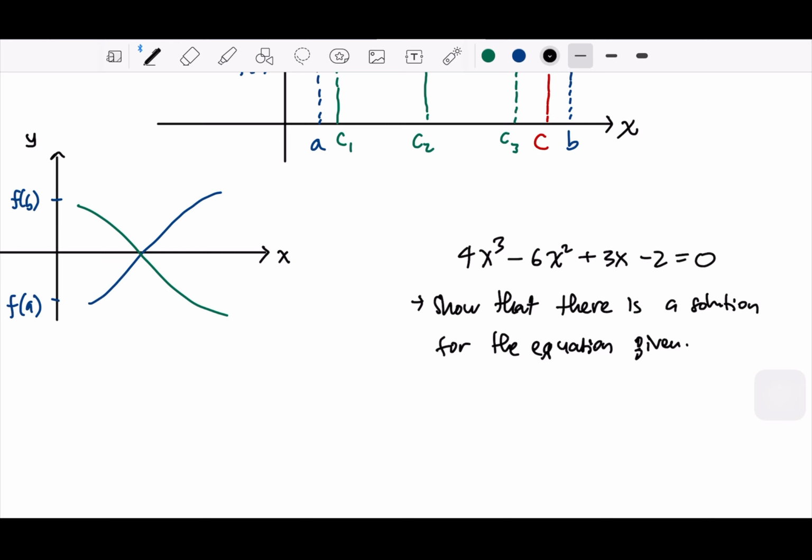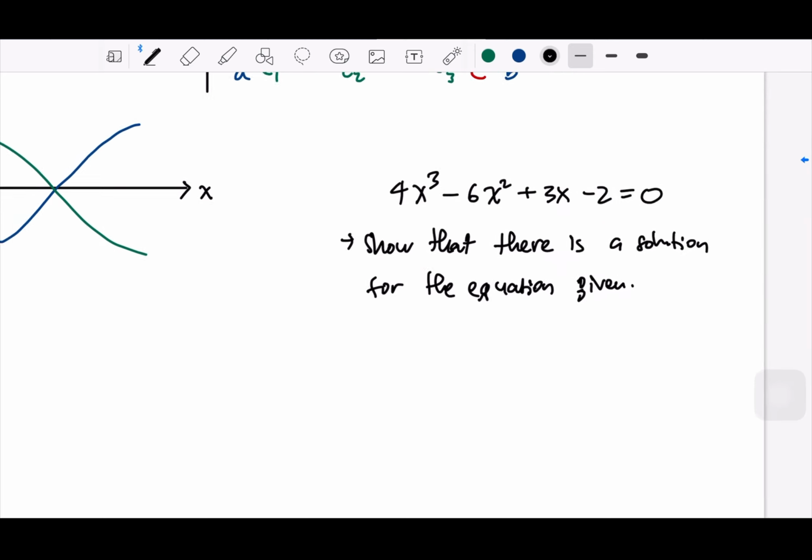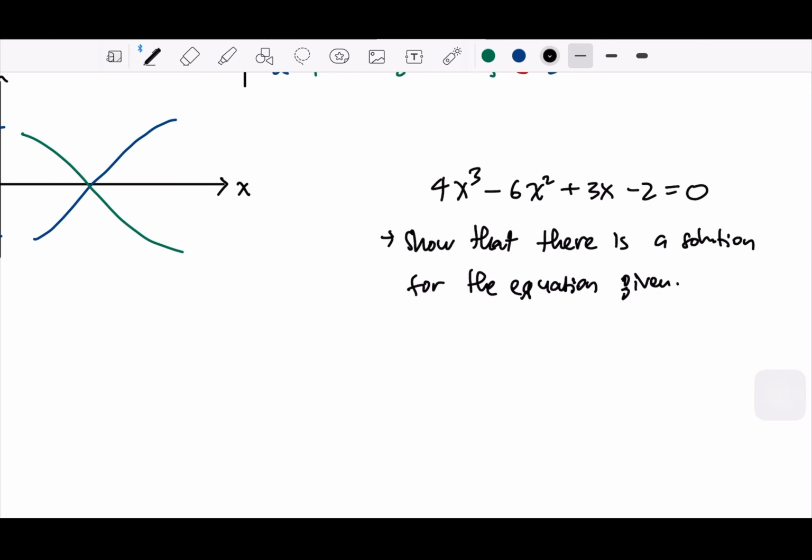So of course, if it's asking for the solution, it's asking exactly what I mentioned before. It's asking for the root of this equation, okay? Which means we need to take some numbers that have different values or opposite signs. So first, we can design this equation to be our function.